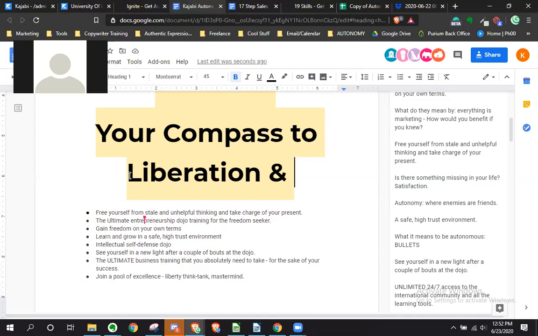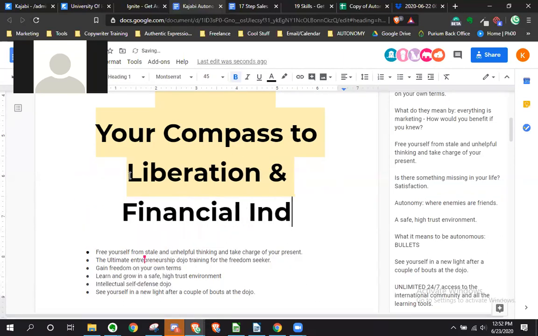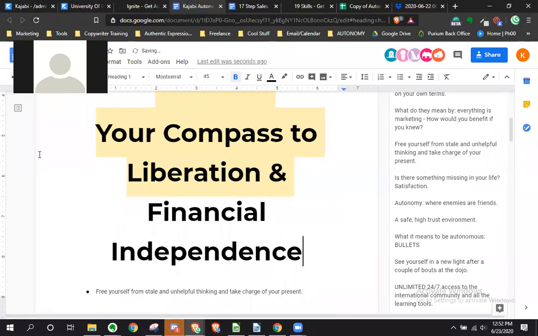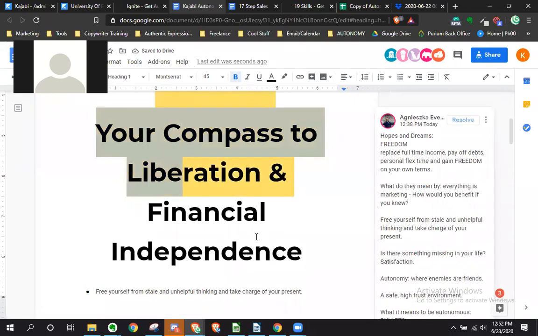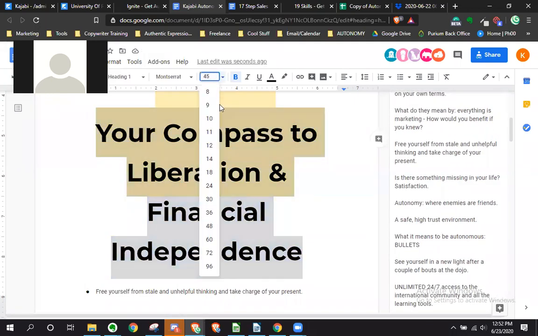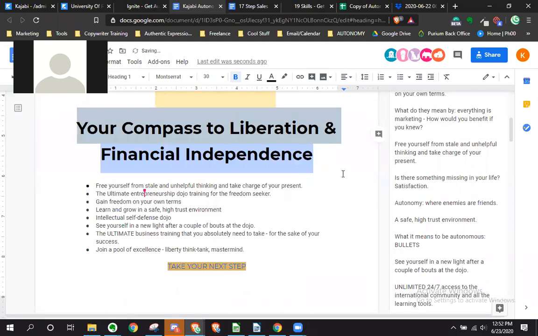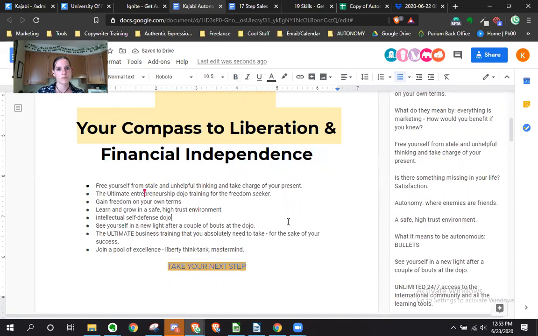Sorry. I like financial independence. I think that works with freedom or liberation. Freedom is a word that has kind of been screwed up, because a lot of people associate it with free, and anybody that thinks things are free, obviously.